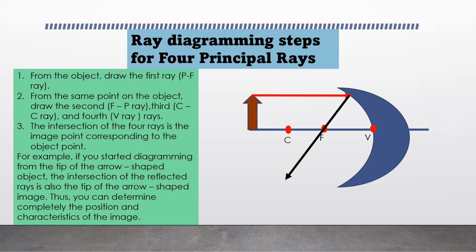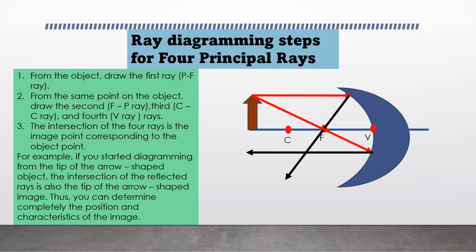Another, from the same point of the object, draw the second, the F to P ray. F means the incident ray should pass through the focal point. Like that. And P means parallel to the principal axis.